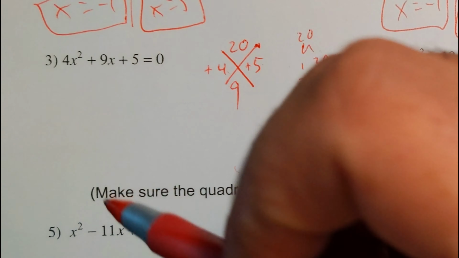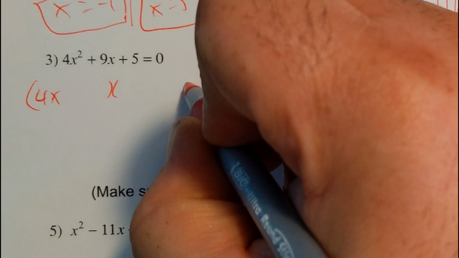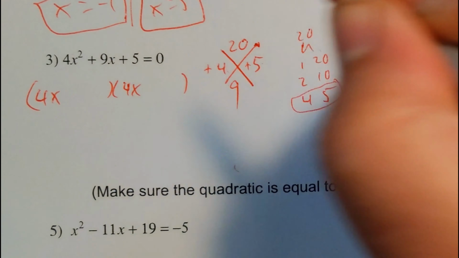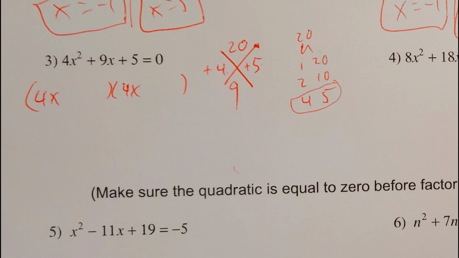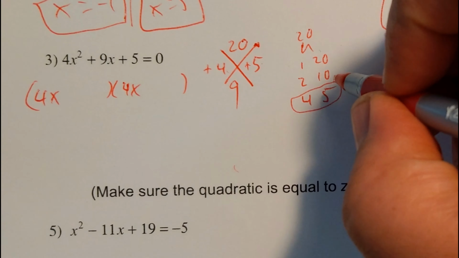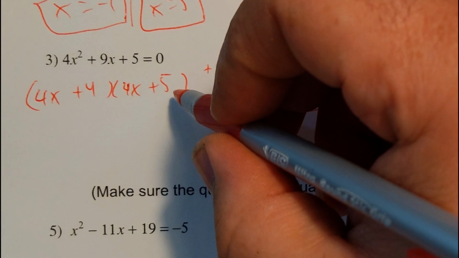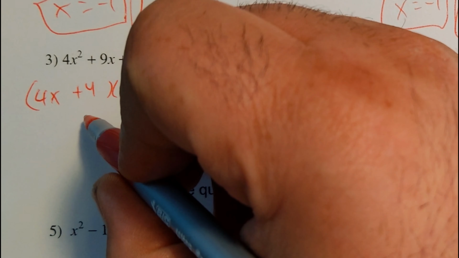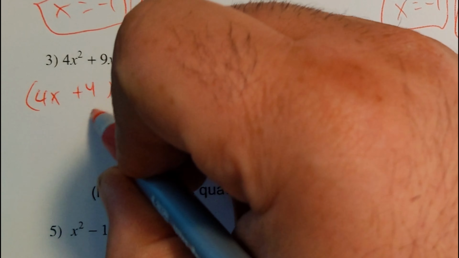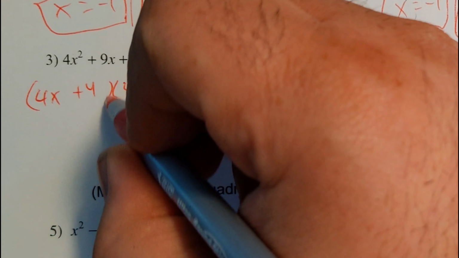Now we're going to use the 4 for both of those factors, and we're going to use the 4 and the 5 as the second term, and then remove the greatest common factor.